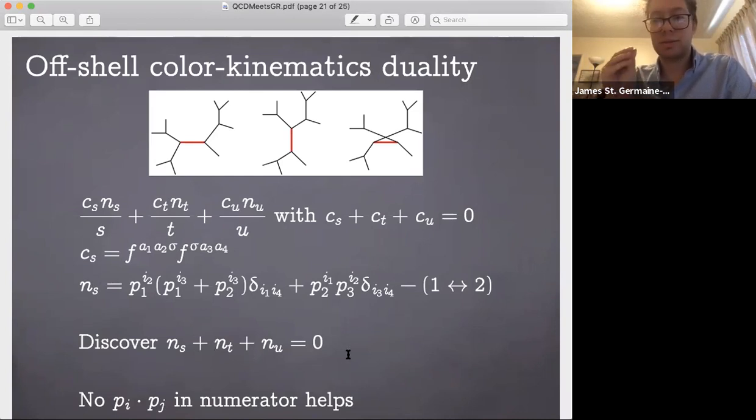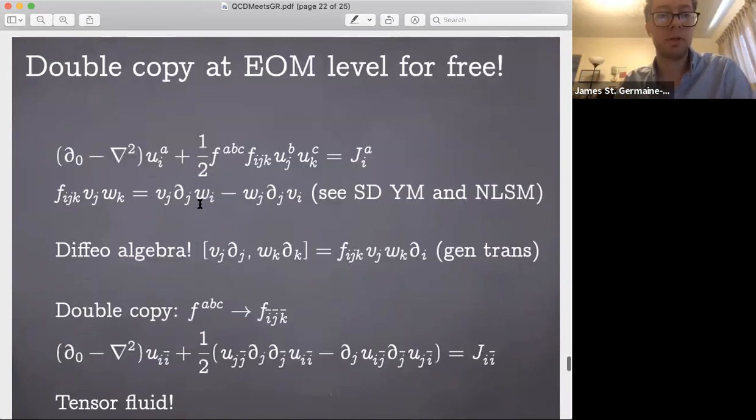And the reason that you get this sort of magic for free is, I think, secretly because, again, you don't have these p dot p terms that you can shuffle between the s, t, and u channels. Okay, now that we have color-kinematics duality, we should try to double copy. And you can do it directly at the equations of motion level.